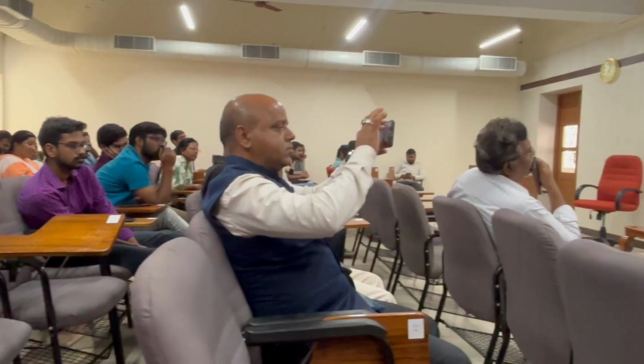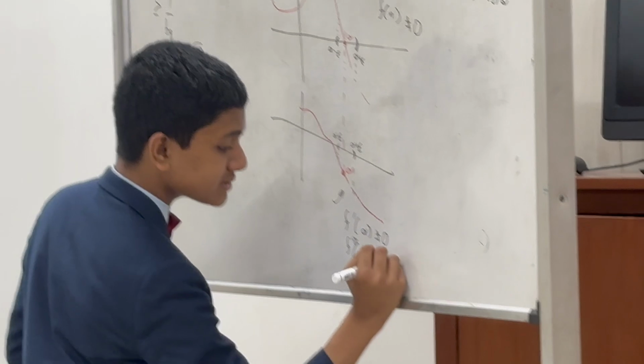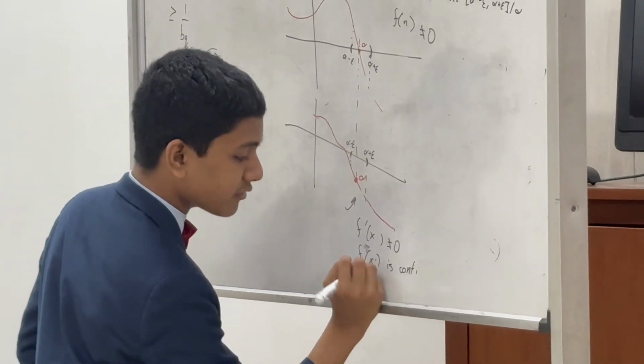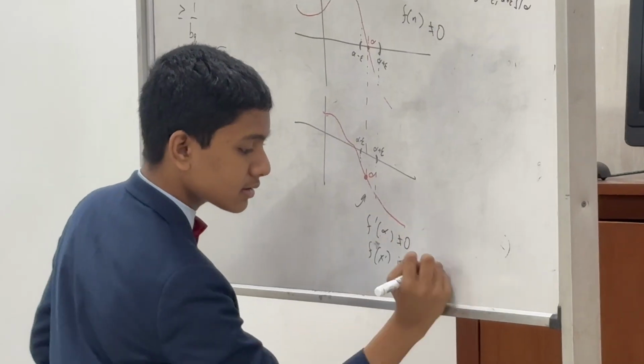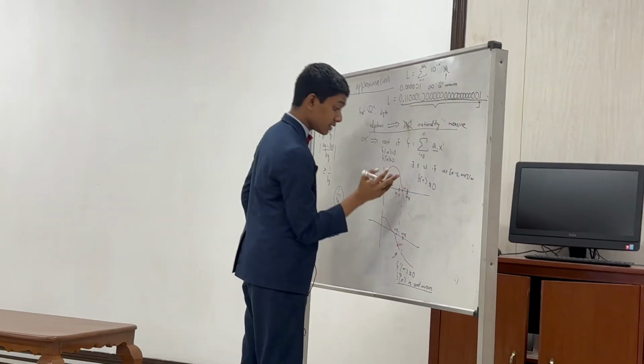Since we know that f prime of alpha is not equal to 0 over this whole interval, and we also know that f of x is continuous because it's a polynomial, that means we can use the intermediate value theorem.